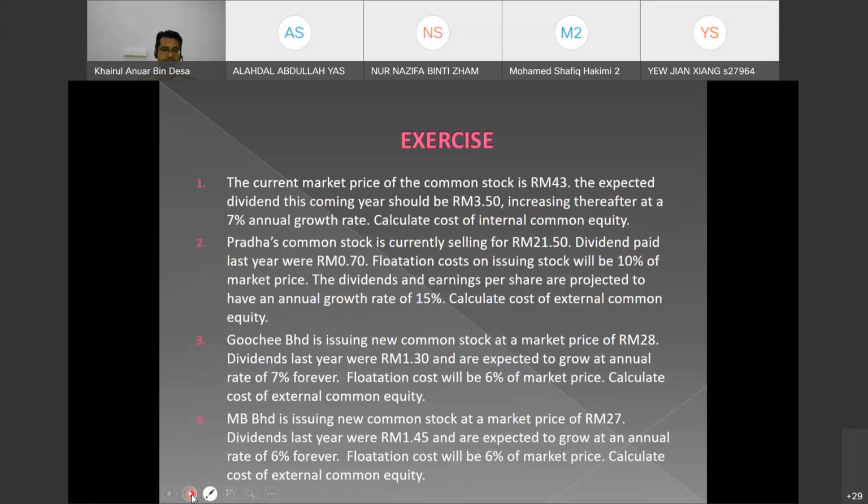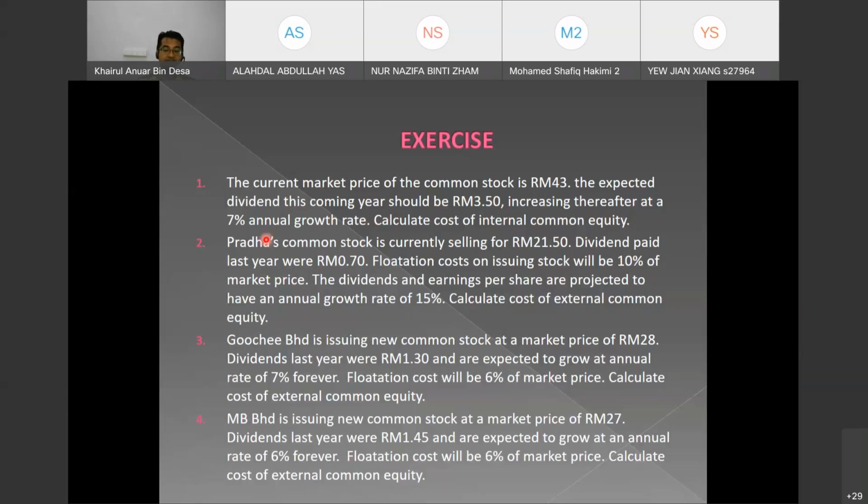Now we want to do the exercise. Again, read carefully the statement given. Till today, I hope you can differentiate between last year's dividend and next year's dividend.